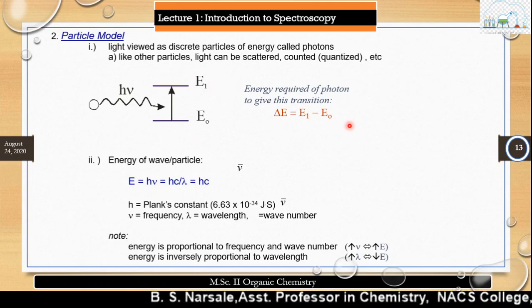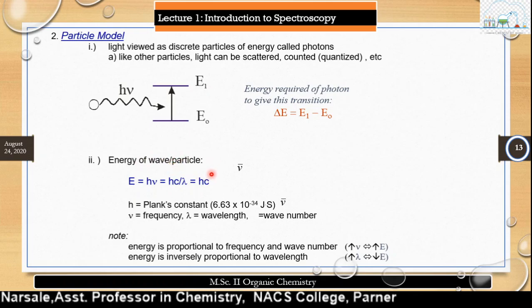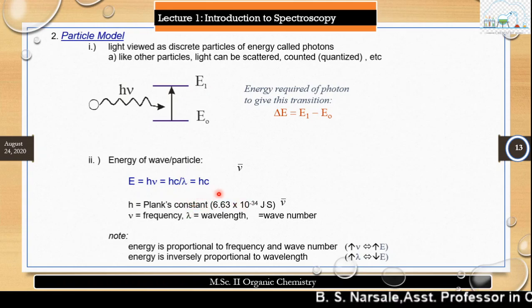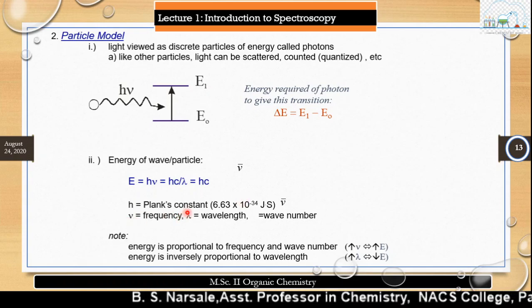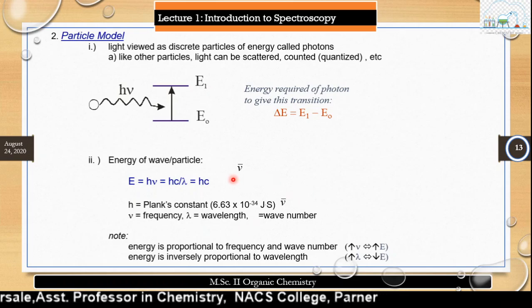We can calculate the difference, and as the energy of the wave particles, we can take E equal to h mu, and mu, the frequency, is explained by c upon lambda, or E equal to h c mu bar, where h is Planck's constant, mu is the frequency, lambda is the wavelength, and mu bar is the wave number.